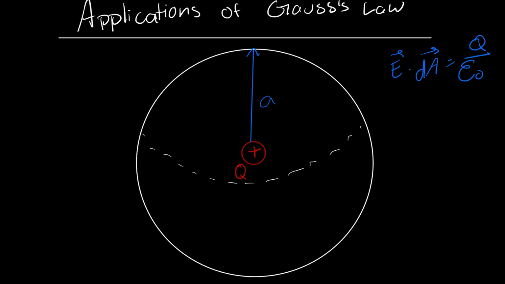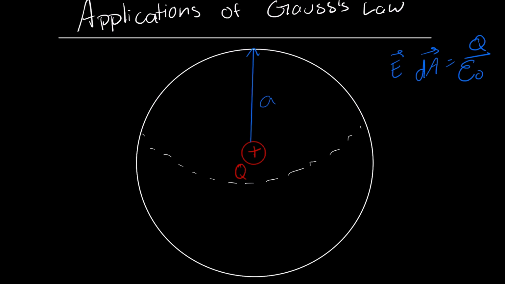And as we already saw, we can remove the dot product of E dot dA, because the dA, which is this over here, if you remember, is the little section on the surface.